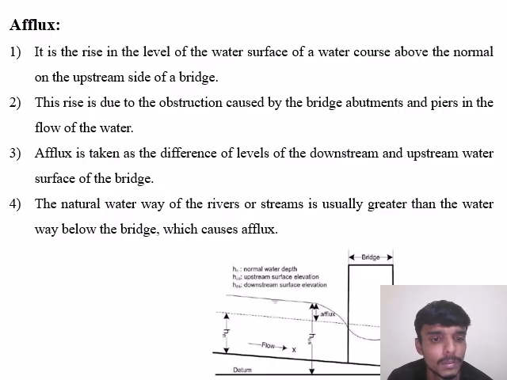The natural waterway of the rivers or streams is usually greater than the waterway below the bridge, which causes the afflux. You can see in the image there is a drop in the depth level of the water due to the interference of the bridge.